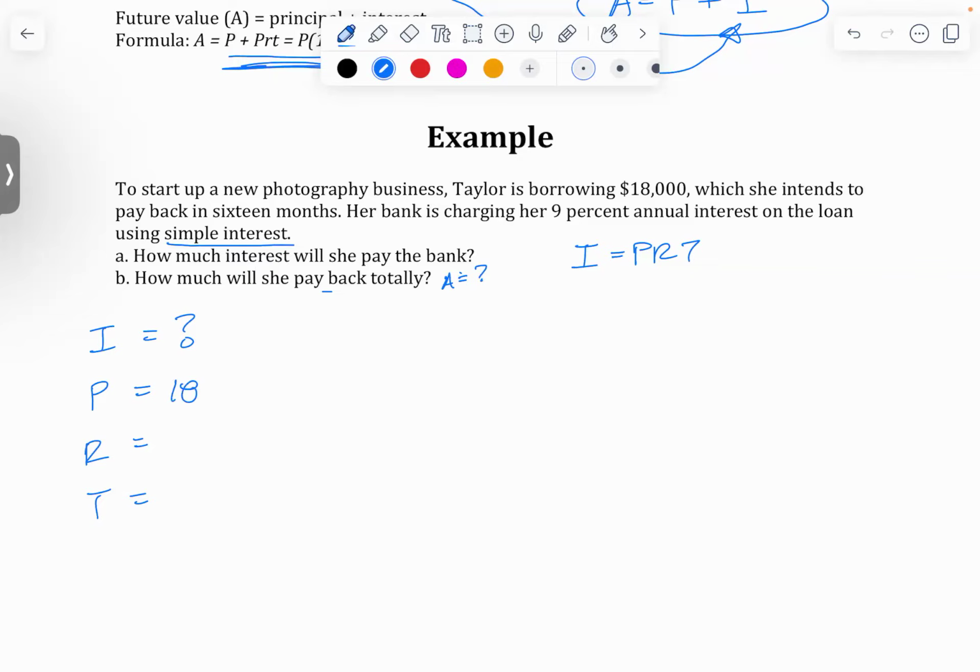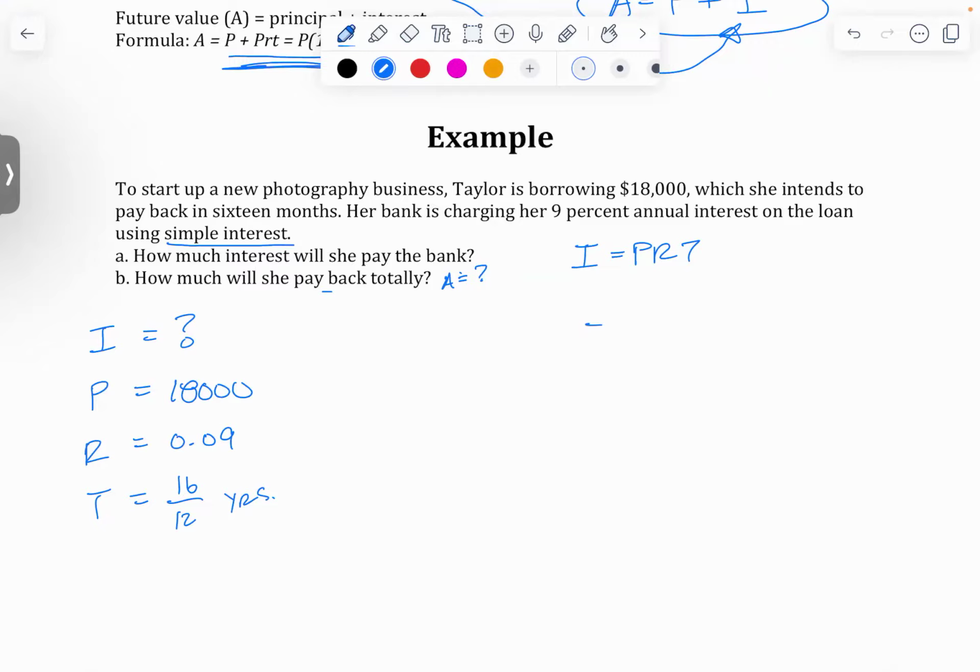Principal, $18,000 borrowed. Interest rate, 9%. And T, time. Now notice 16 months. We have to make sure we enter that in years. So that would be 16/12 years.